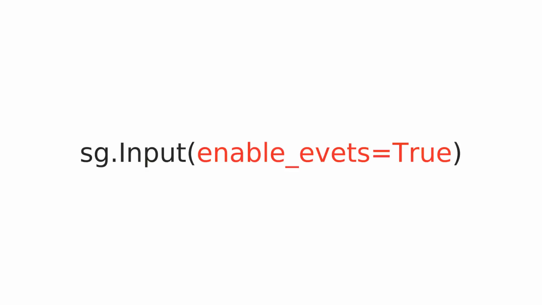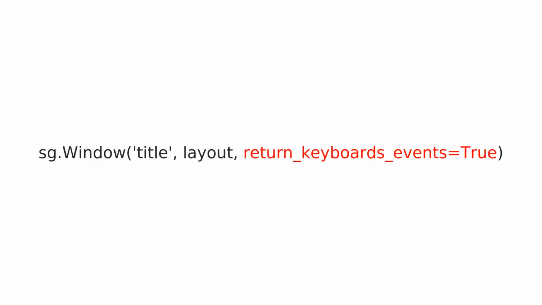I want to show you how to get a keyboard event. You can turn on the keyboard events inside of the input element, or you can do it globally, so it will react on every key press. Here is an example.